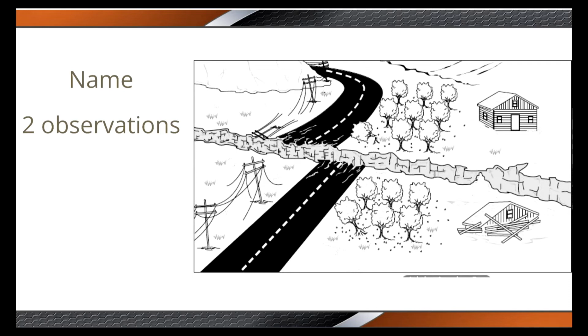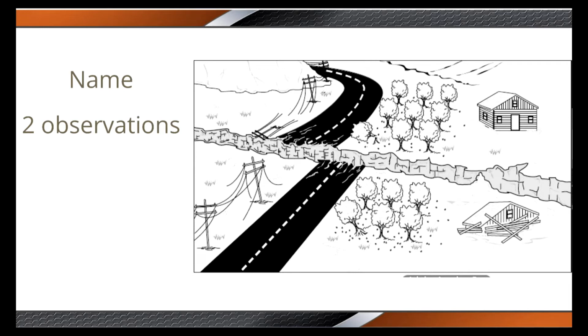If I'm observing something, I am looking at it, tasting it, feeling it, hearing it, and I didn't have any earthquake mentioned in those observations. An earthquake is not an observation in this picture. That's not the right thing.